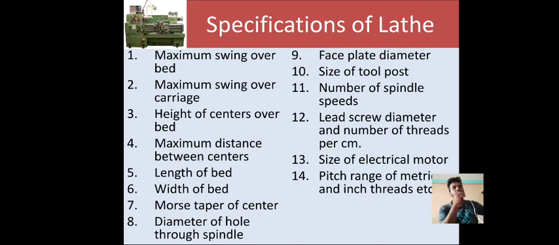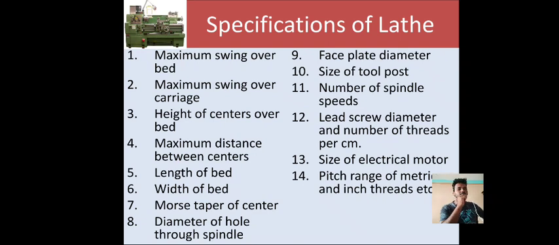Specifications of the lathe. Number 1 is maximum swing over bed. Number 2, maximum swing over carriage. Number 3, height of centers over the bed. Number 4, maximum distance between the centers. Number 5, length of the bed. Number 6, width of the bed. Number 7, Morse taper of center.